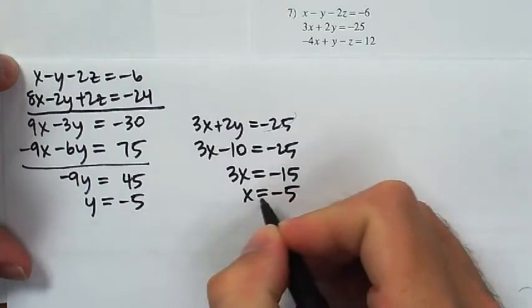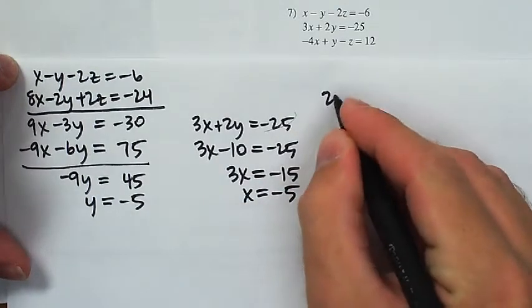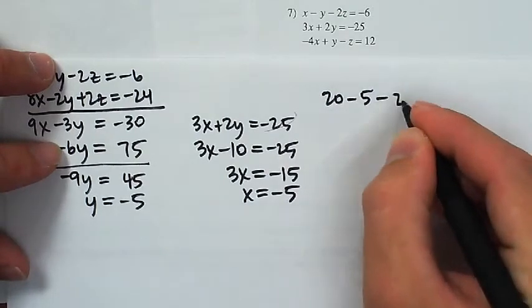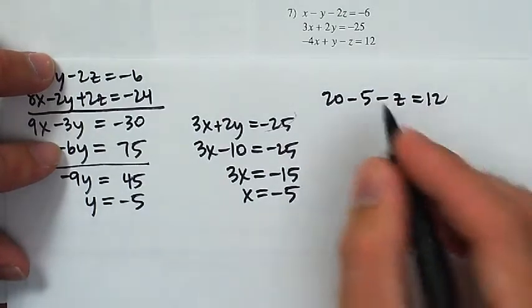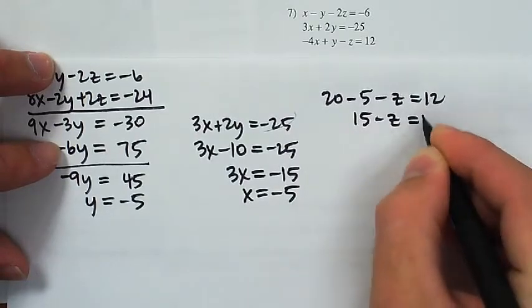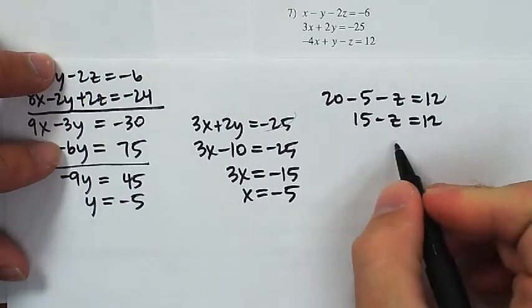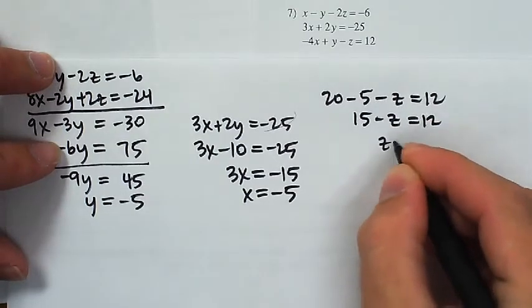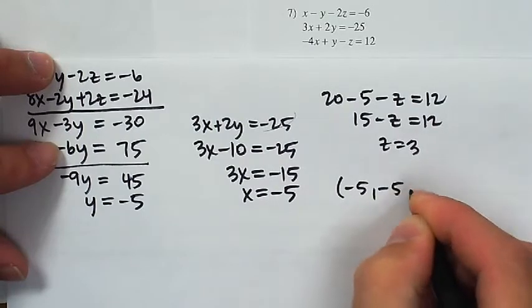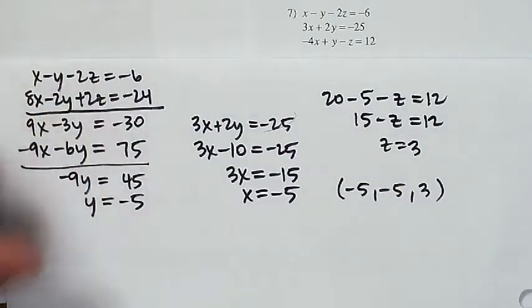So negative 4x is going to be positive 20, plus y is negative 5, minus z equals 12. Okay, so I've got 15 minus z equals 12. So that must mean z is 3. And my solution point is negative 5, negative 5, and 3.